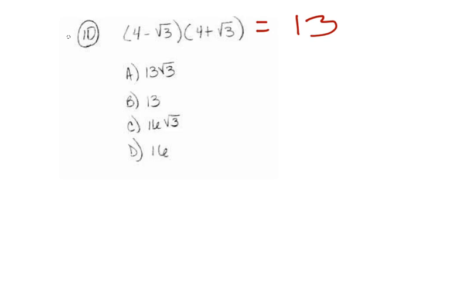Yes, I know you see the answer. However, you need to check both of these just in case. 13 square root of 3 is 22.5. 16 square root of 3 is 27.7. So yes, B is your answer. It never hurts to go ahead and make sure. End of course is very important. We don't want to leave anything to chance.